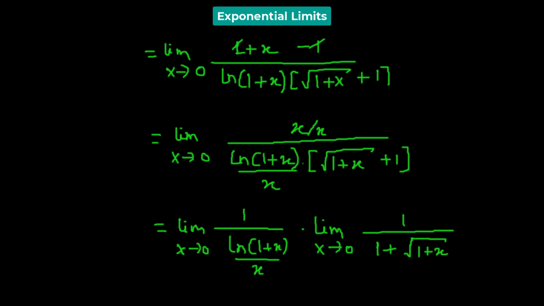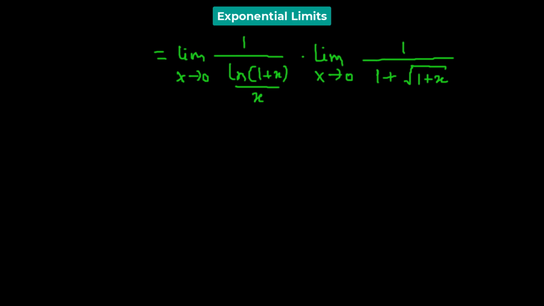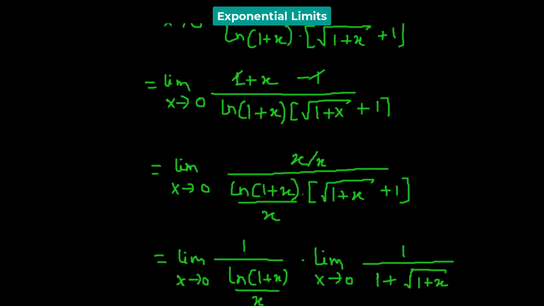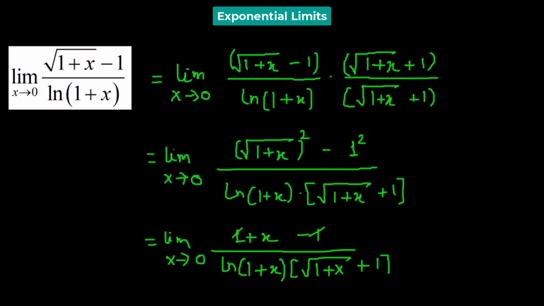Now, as per the definition of limits, the limiting value of log of 1 plus x over x is going to be 1. So we have 1 over 1 multiplied by 1 over 1 plus square root of 1 plus 0. So square root of 1 is 1. So the final limiting value is going to be equal to 1 over 2. So the limiting value of this particular function is half when x approaches 0.